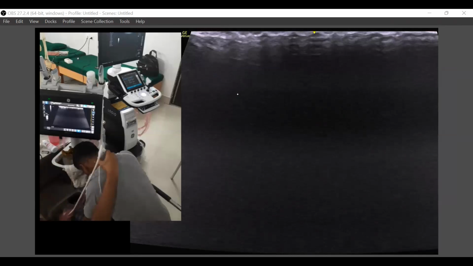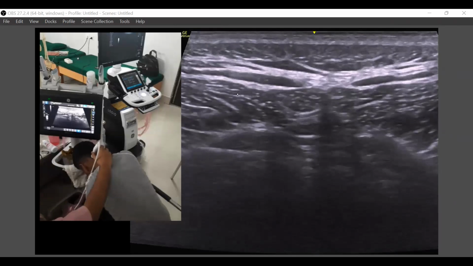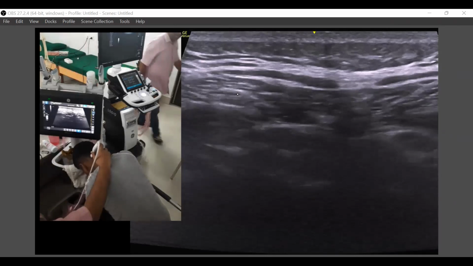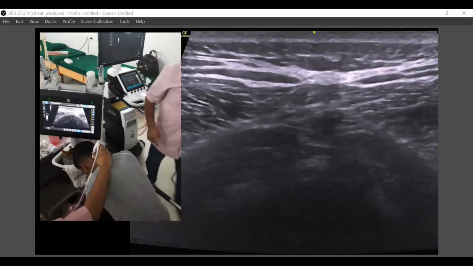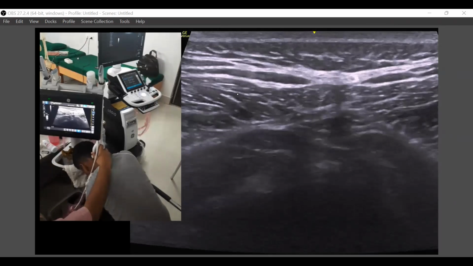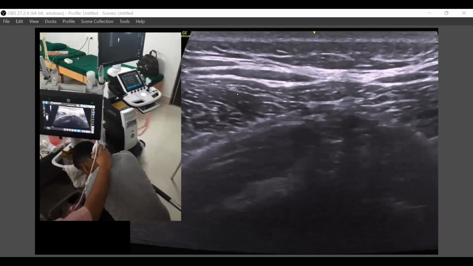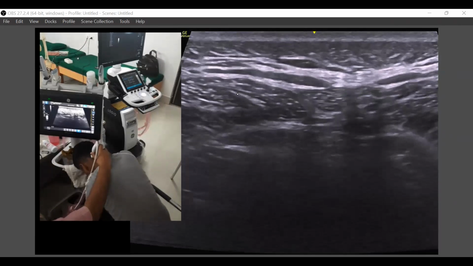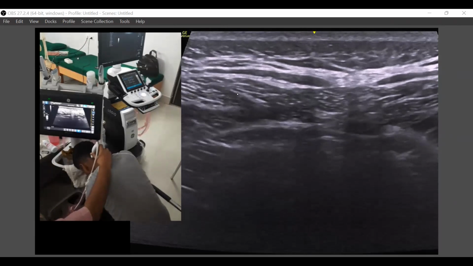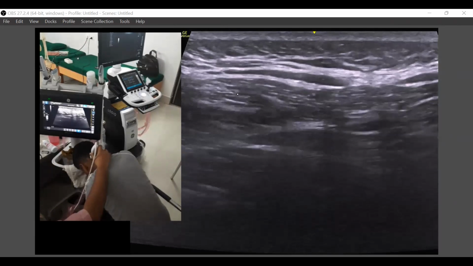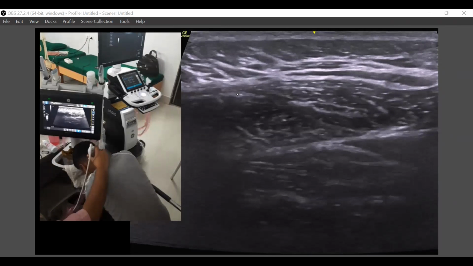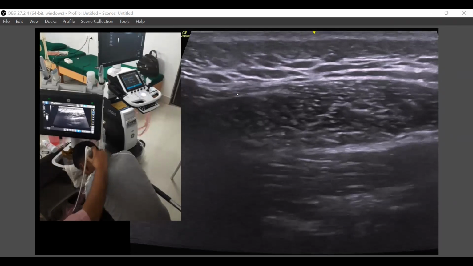Okay, what I was showing here at this point, this was C2. Just above C2, we can see the rectus capitis posterior minor and major. At this level, if I'm going laterally, this whole bulk is your semispinalis.